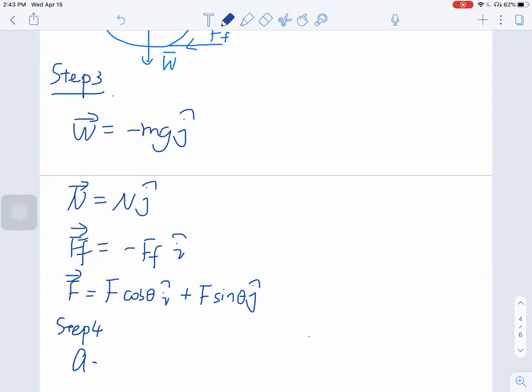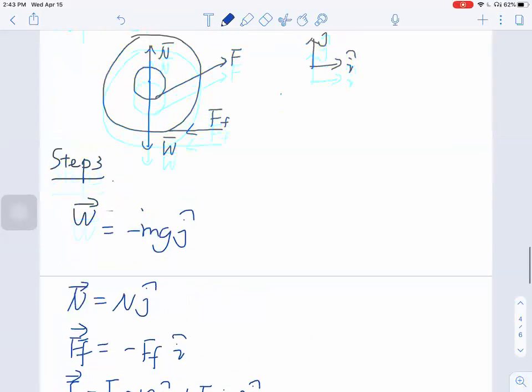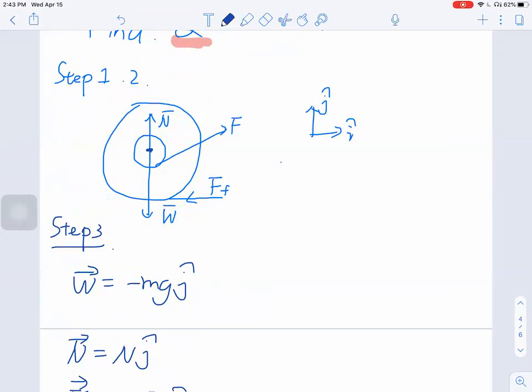Step 4 is acceleration about the center point, the center mass. If we look at our point G, the center mass, how is this spool going to move? What's the acceleration of the center mass?